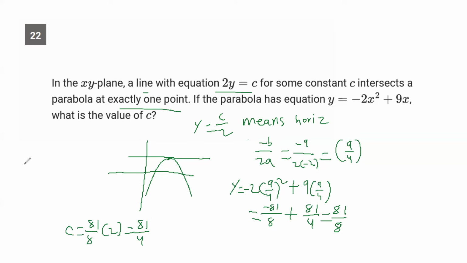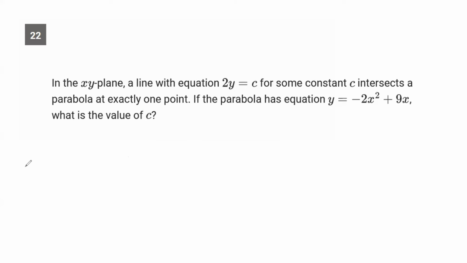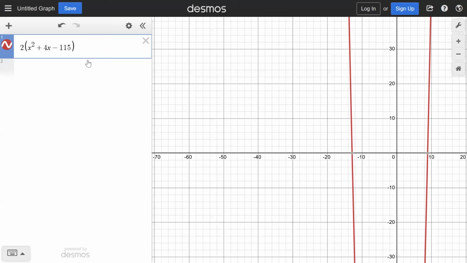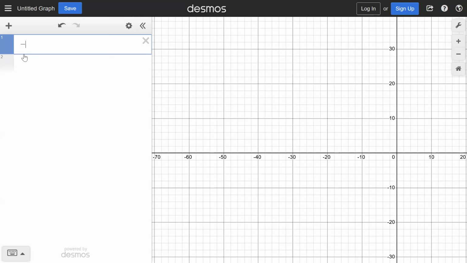And now I'm going to show you how you can do this on Desmos, because that could be faster for some people, but I wanted to show you the algebraic way first. So we're going to plug in this equation. And then from there, we're going to see where the maximum is. Okay, so the equation, right, was negative 2x squared plus 9x.